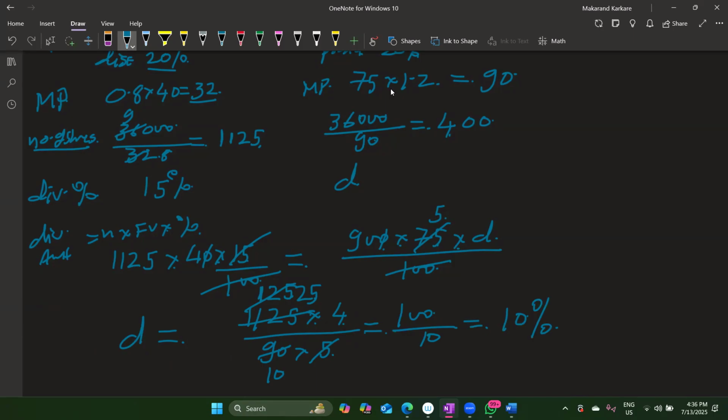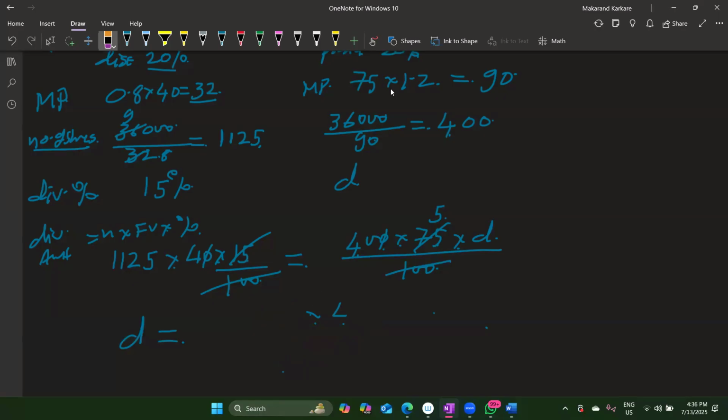But how did you take 900 in the other equation, 1125? Sorry, my bad. It's 400. My bad. So 400. So it's going to be 40 into 5, right? I wrote 900 there by mistake. And so D is 1125 into 4.